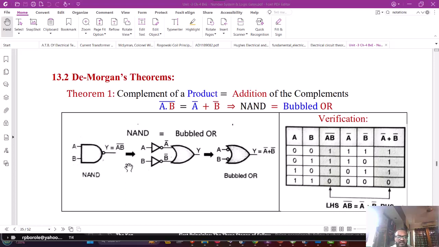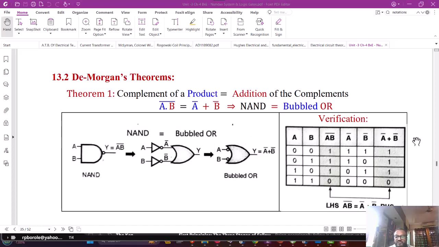It is equivalent to A and B inverted by the inverters, giving the outputs A bar and B bar, and then ORed. So Y is equal to A bar or B bar, which is equivalent to A and B complement. Here these inverters are replaced by two bubbles and shown as an inverted input OR gate.